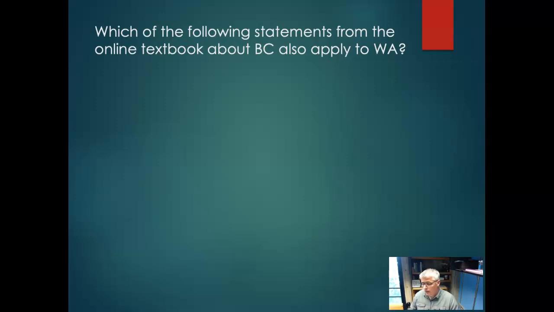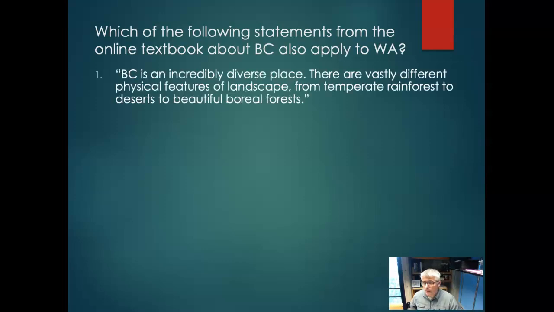Could you also say that you could remove BC and insert Washington? Or is that distinctly different? Is there something in the regional and federal policies in BC that makes BC a bit different? And the first one is: BC is an incredibly diverse place. There are vastly different physical features of the landscape, from temperate rainforests to deserts to beautiful boreal forests.